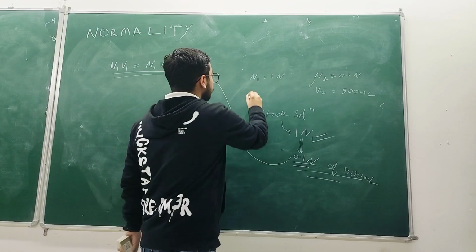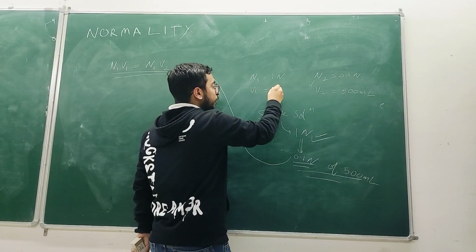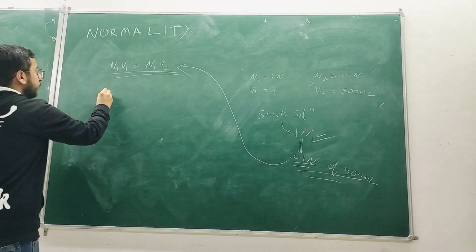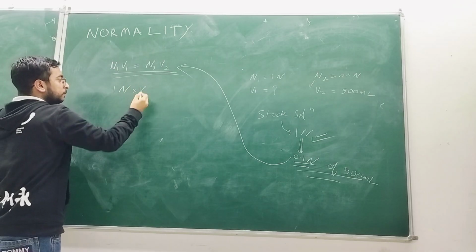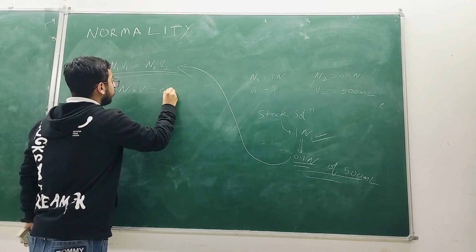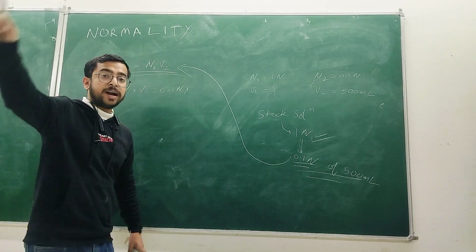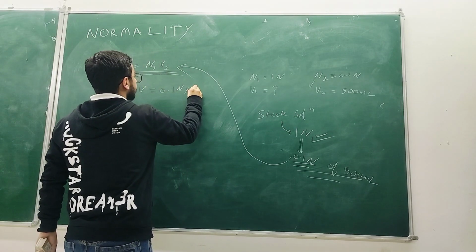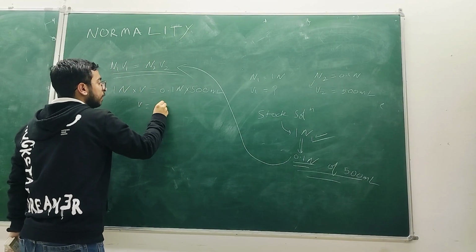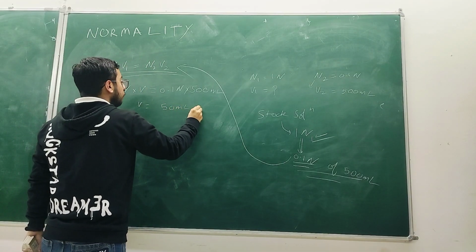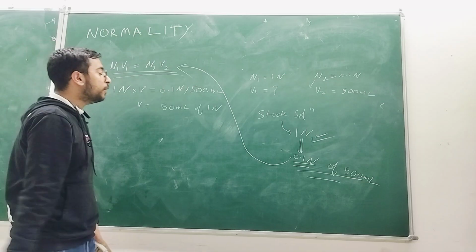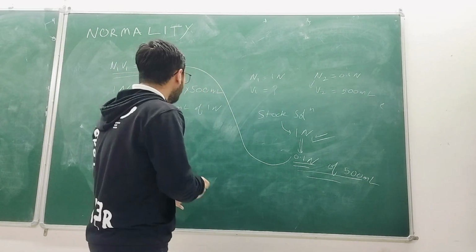But you don't know the initial volume, how much volume of 1 normal solution you will take. So you can put all these values here: N1 is 1 normal into the volume we have to find, equals 0.1 normal into 500 ml. From here you can calculate that 50 ml of 1 normal solution is required to prepare 500 ml of 0.1 normal solution.